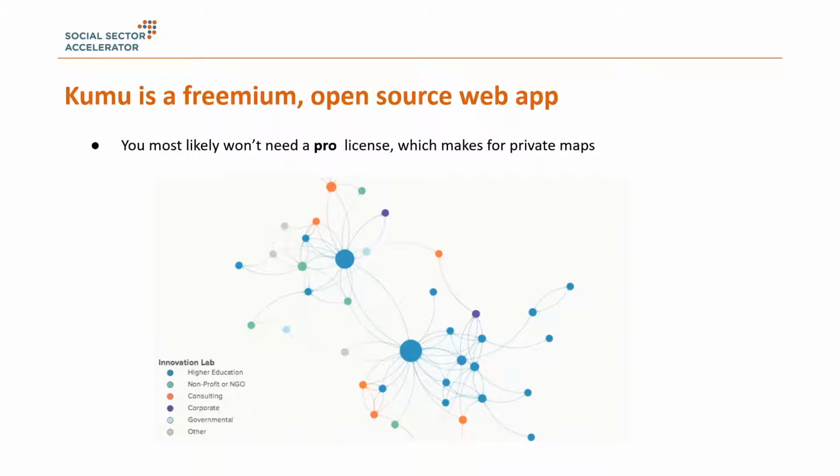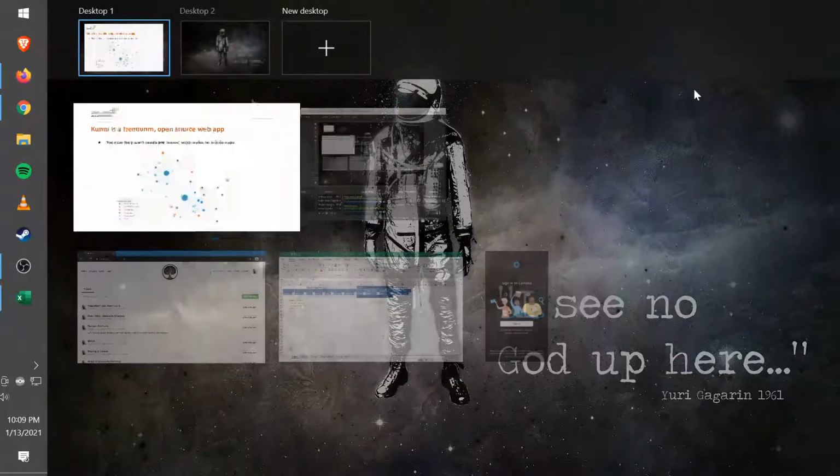But if your goal is to spread awareness and communicate with people, you're going to be just fine with the free version. I've been making tons and tons of visualizations using Kumu, and I've never once wished that I had the pro version. With that in mind, let's start making a visualization.